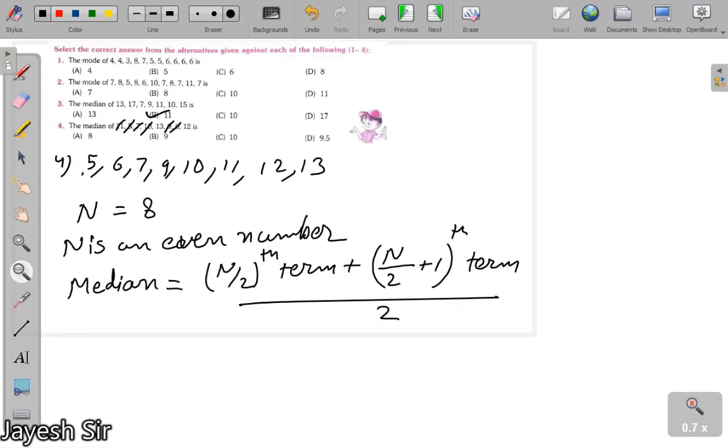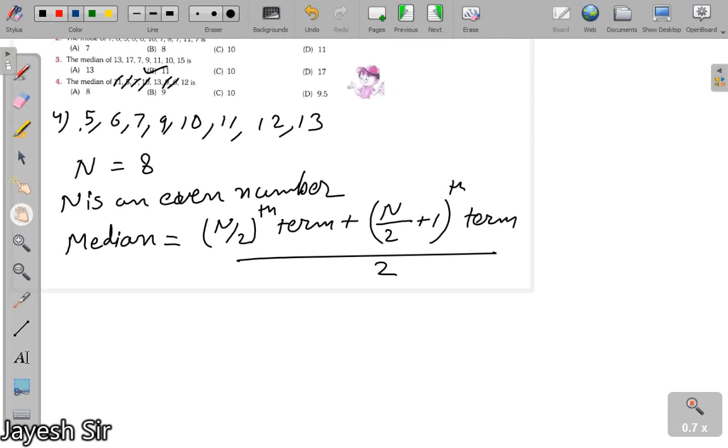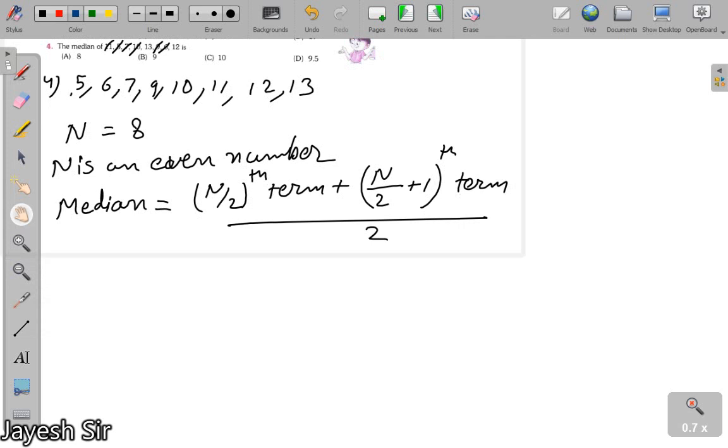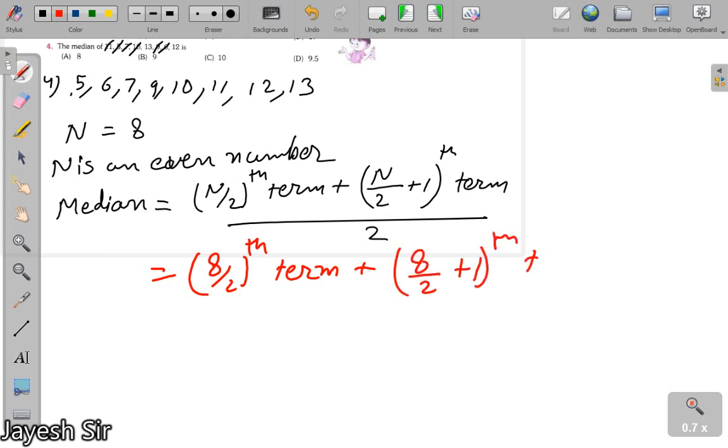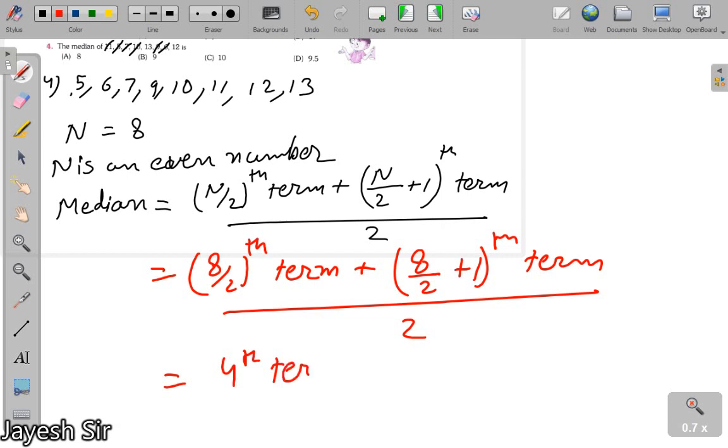How will you solve this? n is 8, so 8 by 2 is the 4th term, plus 8 by 2 plus 1, that is 4 plus 1, is the 5th term, upon 2.